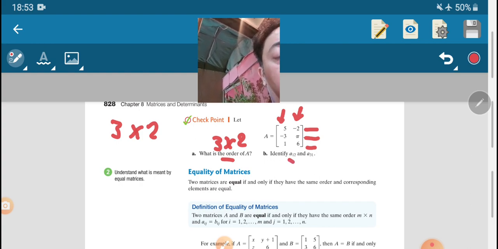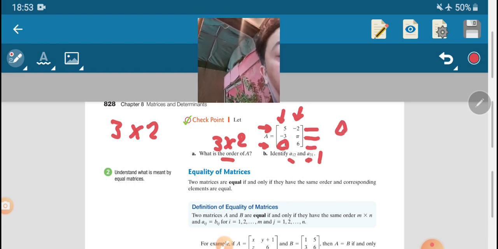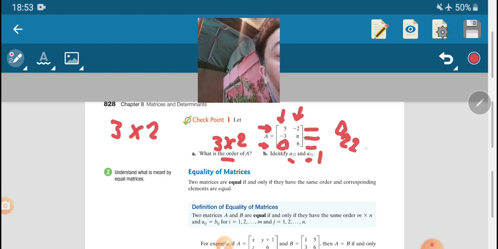Identify a_12, the element in the first row and second column. Here it is negative 2. a_31 is in the third row, first column, which is 1. Where is a_22, second row, second column? The number pi.